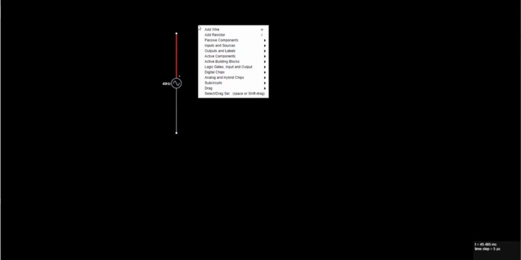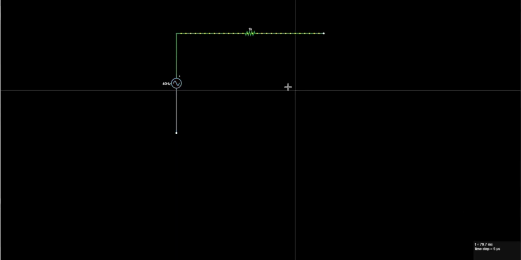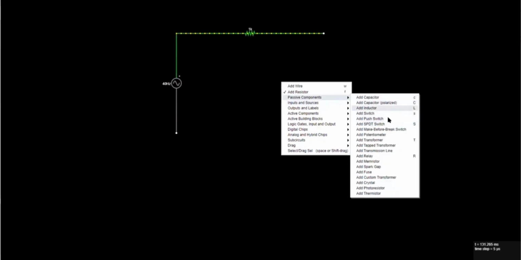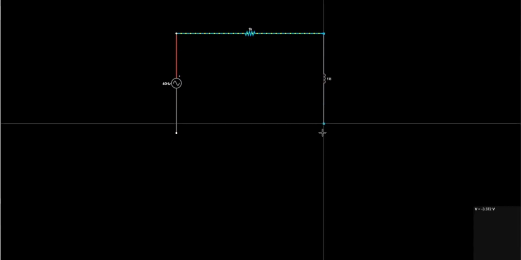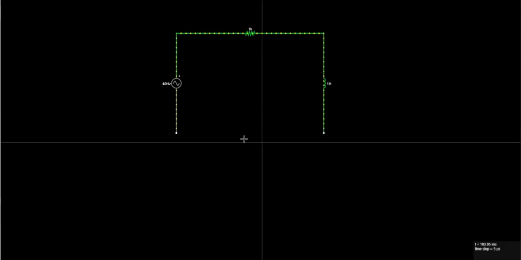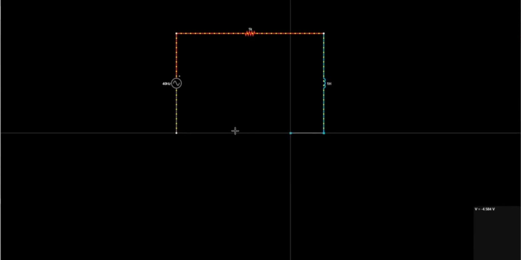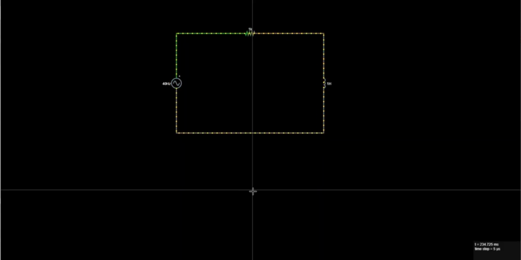Let's right click, add a resistor. Done. Right click, add an inductor. An inductor is under passive components. Done. Nice and lined up. Right click one more time, add wire, complete your circuit. So there's my circuit.